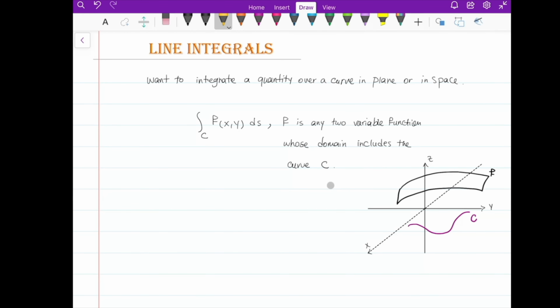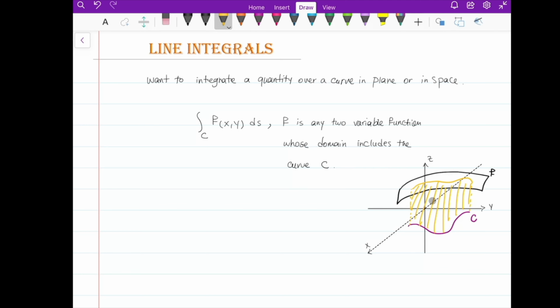Then by calculating the integral of f over C, basically we are calculating the area under the function that is above the curve C. Just this two-dimensional object, just calculating this area.